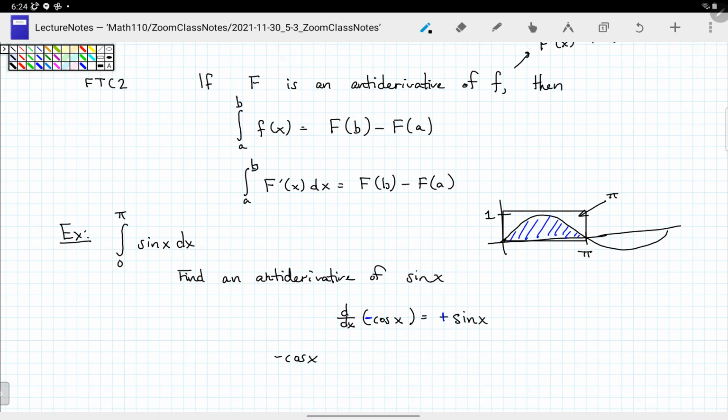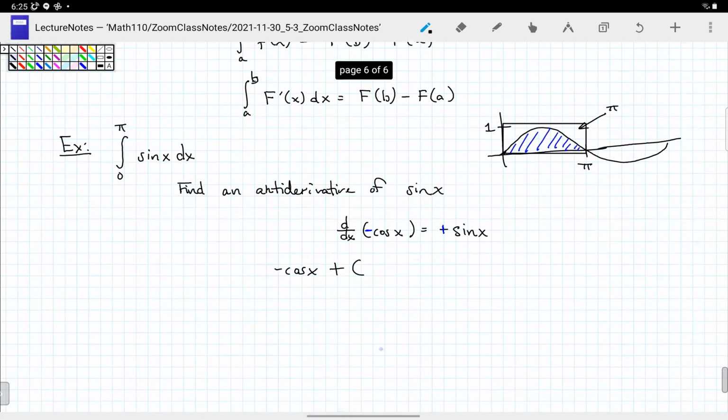And this fundamental theorem of calculus says if we just take an antiderivative, it doesn't matter which antiderivative you take. Remember that every function that has any antiderivative has infinitely many. There's a whole family of them, because I can take that same function and then add any constant, and that will be another antiderivative, because differentiating a constant gives me 0. So the derivative of negative cosine x plus 20 is still going to be sine x.